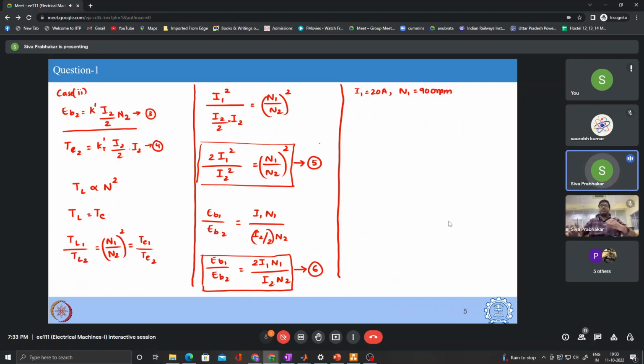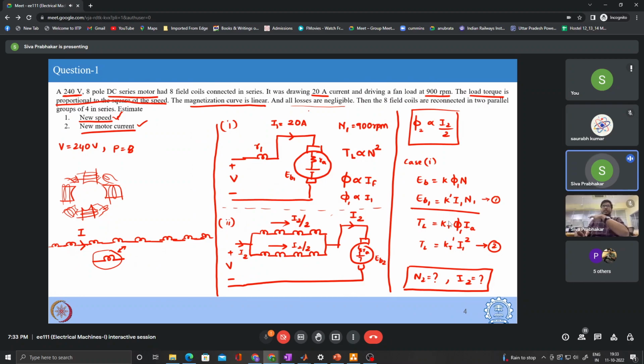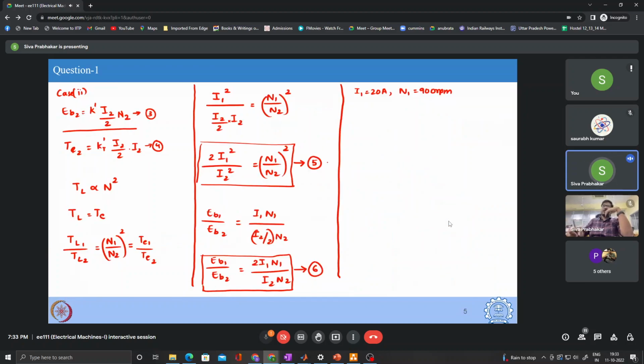And in the question, if you have noticed, there is no mention of the value of the field resistance as well as the armature resistance. So we can neglect these particular values. So we can approximate that EB is approximately equal to the supply voltage, because we have not been given the value of RA, the field resistance or anything.